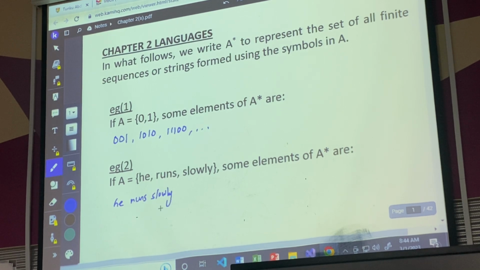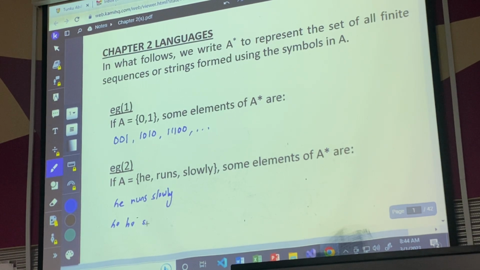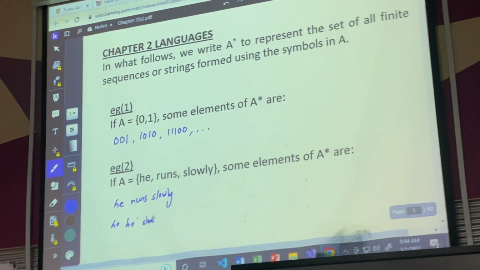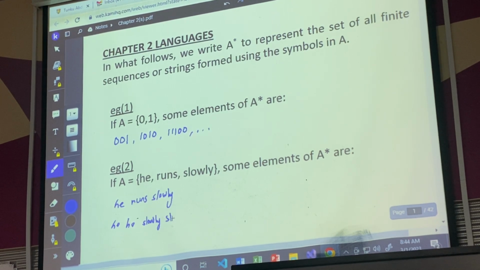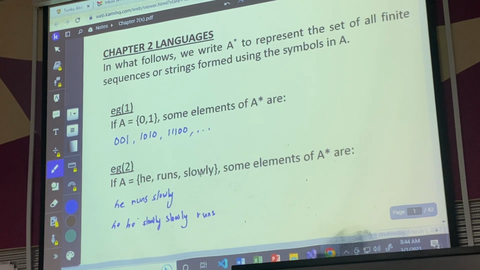So this will form a string for the set A. And of course you can have repeated elements. You can say he he slowly slowly and then runs. This is also an example of a string.